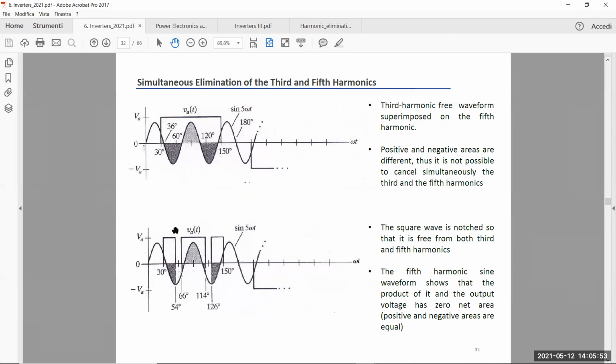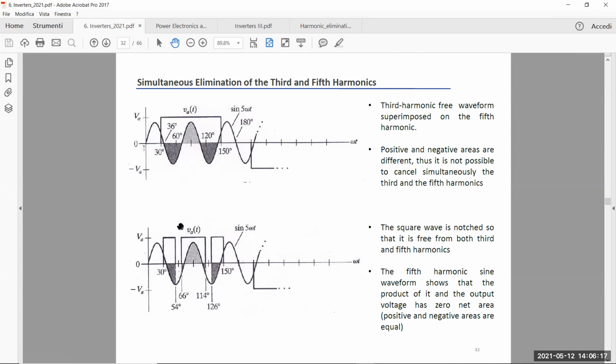If I introduce some notches, small intervals in which the output voltage is no longer VD but 0, like these two notches that you have in this waveform, then these notches have computed angles.